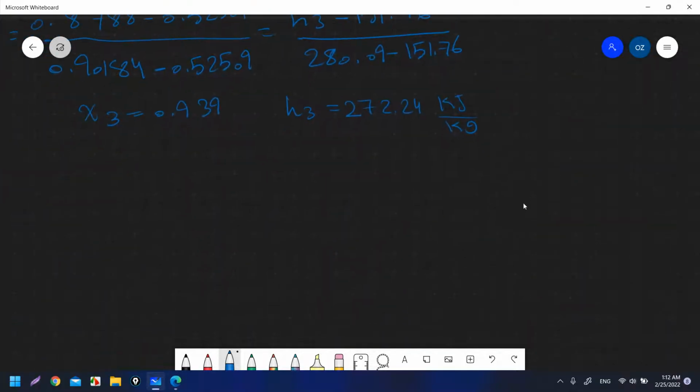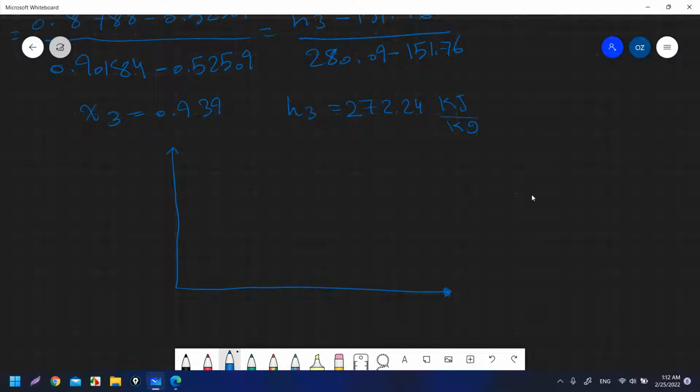Now, I know the real TS diagram for this cycle, so let's draw it. Still, we didn't find the temperature at state 3. So this is the TS diagram. We know that in the pump we start at HF.